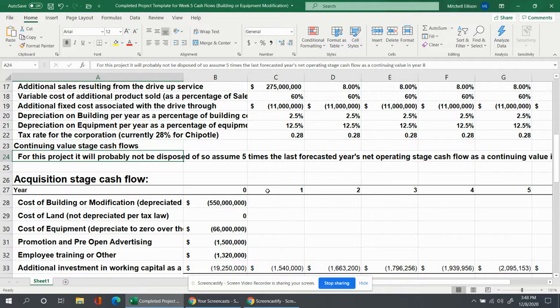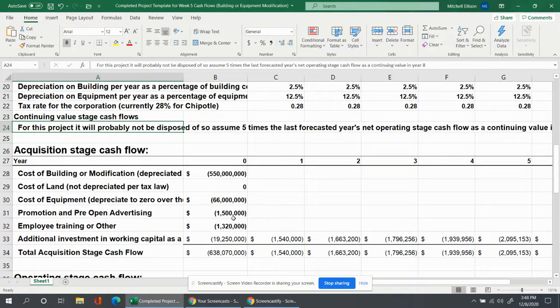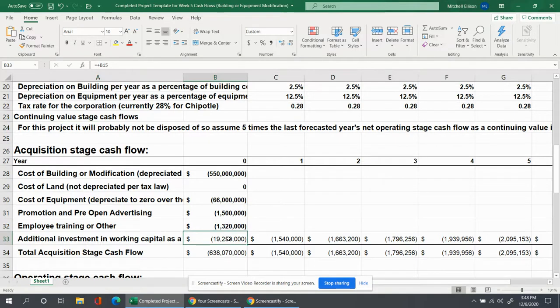Cost of the equipment is $66 million. The promotion or pre-open advertising, 1.5 million. Employee training, 1.32 million. The additional working capital is $19,250,000 for a total of $638 million.